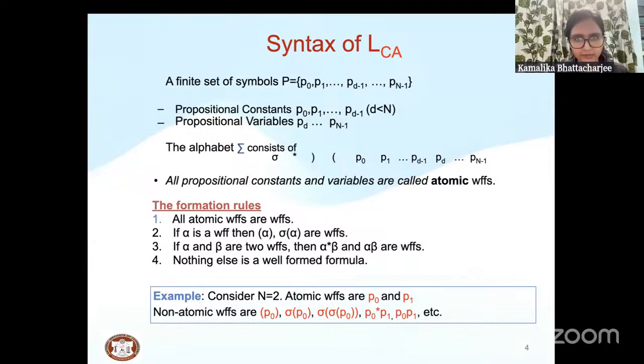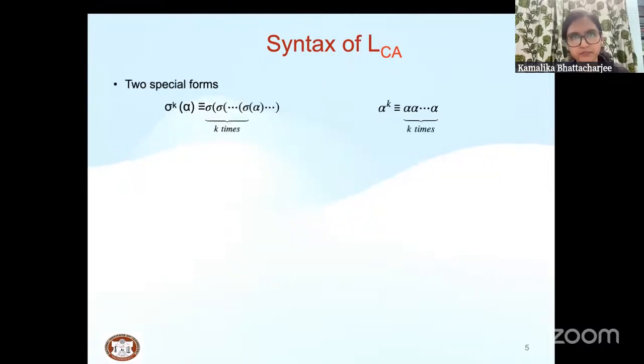Let's take an example. Suppose we have P as P0 and P1. Then our non-atomic well-formed formulas can be bracket P0, sigma P0, P0 P1, P0 star P1, sigma sigma P0, and so on. We take two special kinds of forms.